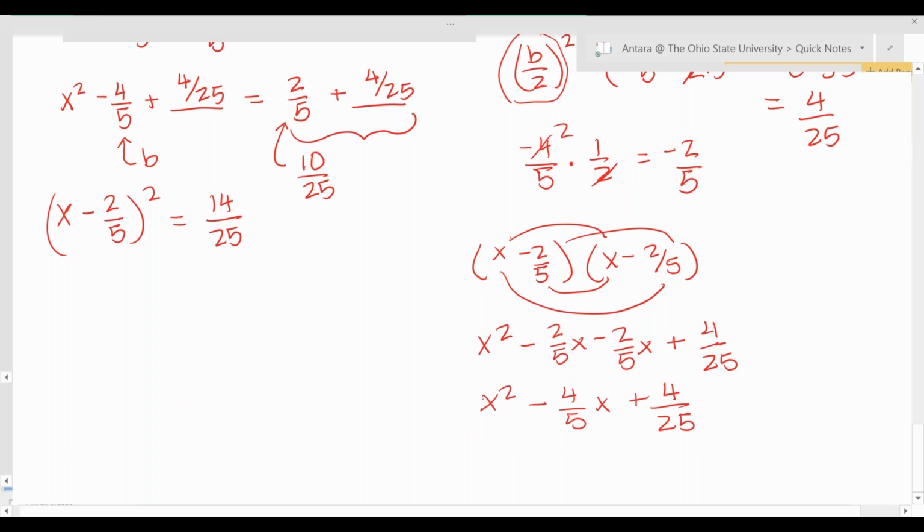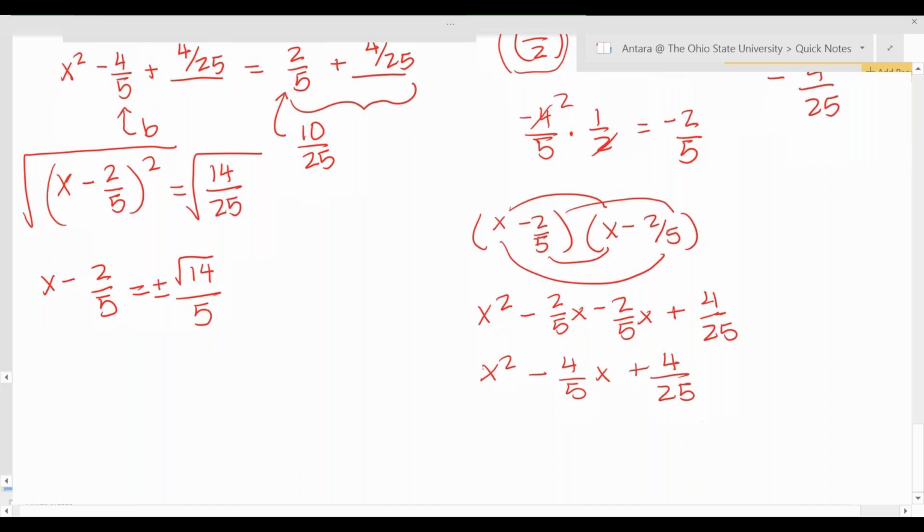Now we're going to simplify this to solve for x. We take the square root, and we have x minus 2/5 equals the square root of 14 over the square root of 25, which we know is 5. We're always going to have a plus or minus in front when we take the square root. Then we can solve for x: 2/5 plus or minus the square root of 14 over 5.